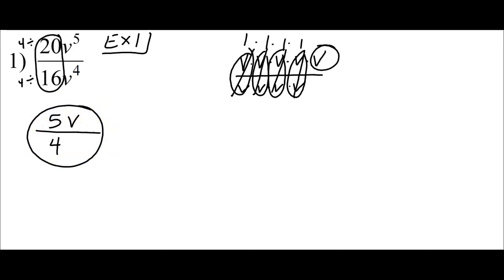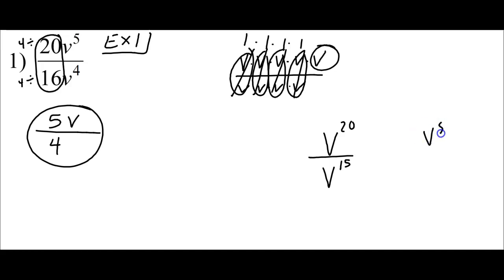So let me give you another example real quick. Once again, you don't have to write this, but I just want to demonstrate the power thingy a little bit. If I have V to the 20 over V to the 15, how many V's will be left? 5, and where will they be left, top or bottom?